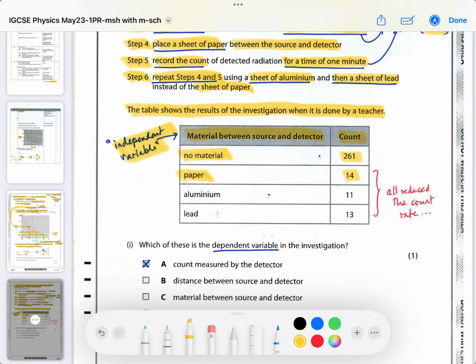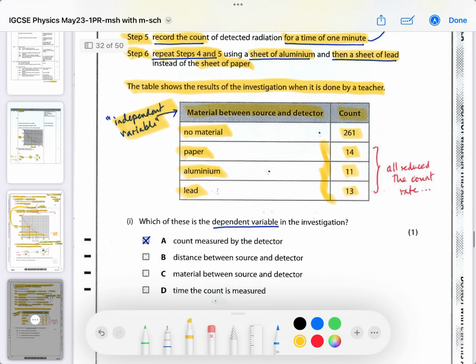That means alpha particle was present. And then when you did aluminium, it didn't really decrease very much compared to paper. And in fact, with lead, it went up. And this could just be due to the uncertainty of the reliability of the instrument. So that variation can be largely ignored.